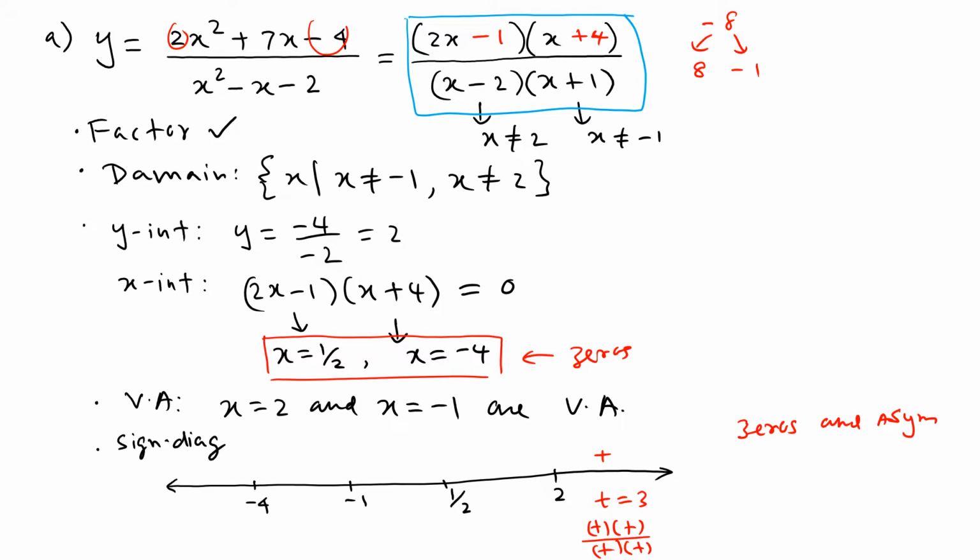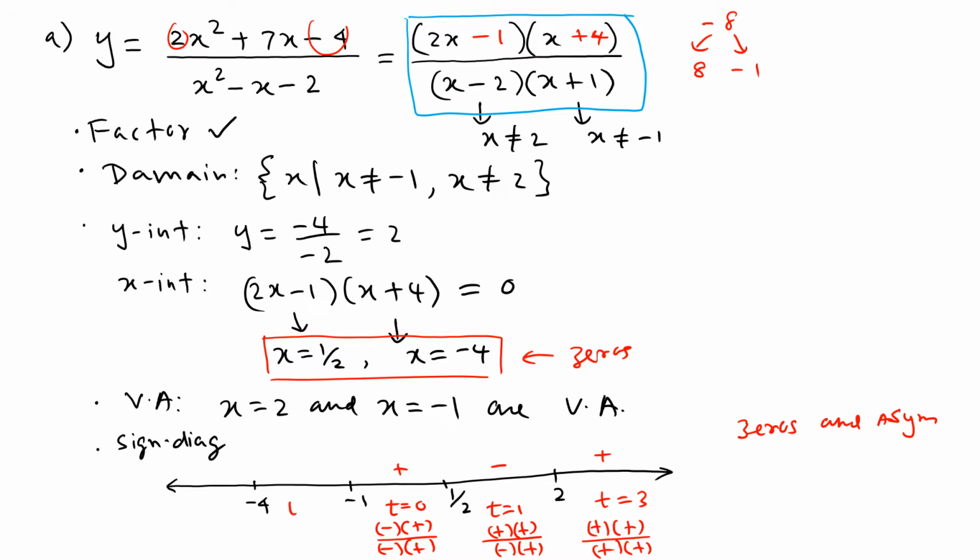And then we can plug in t equal 1. So you can plug in some easy numbers. If you plug in t equal 1, you get positive, positive, and then negative and positive. So 1 negative, that means negative. And then t equal 0 is a good number. If you plug in t equal 0, it is negative, positive, and then negative, and then positive, so 2 negative, which is positive.